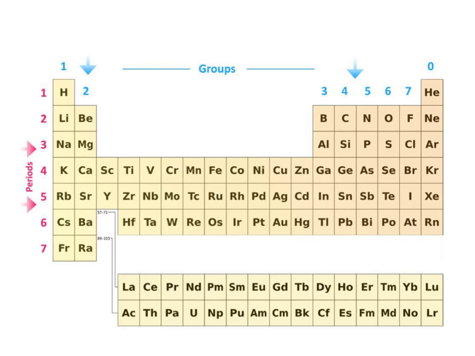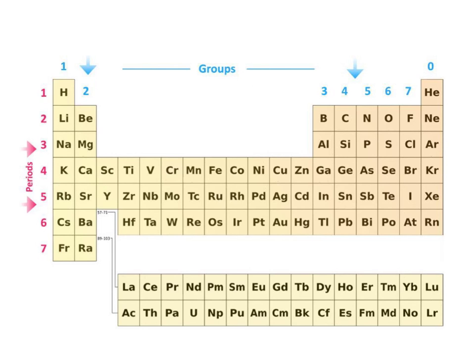So when we talk about the periodic table, we talk about it in terms of groups and in terms of periods. Now the group number, which are these numbers along here, are incredibly useful for telling us about the elements in the groups.